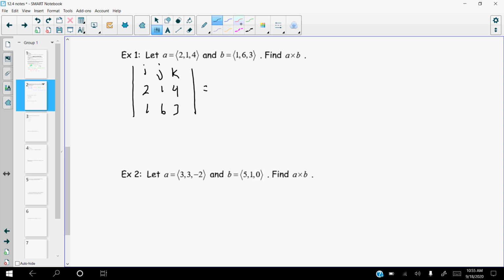All right, so let's go ahead and do I. So it'll be I times the 2 by 2 determinant that's left over when you eliminate the I row and the I column. Well, that should be 1, 4, 6, 3.